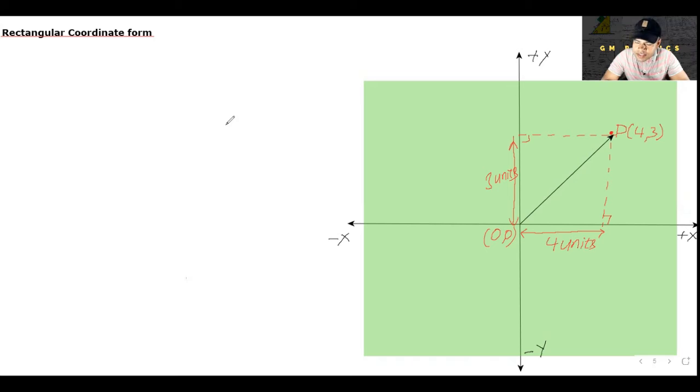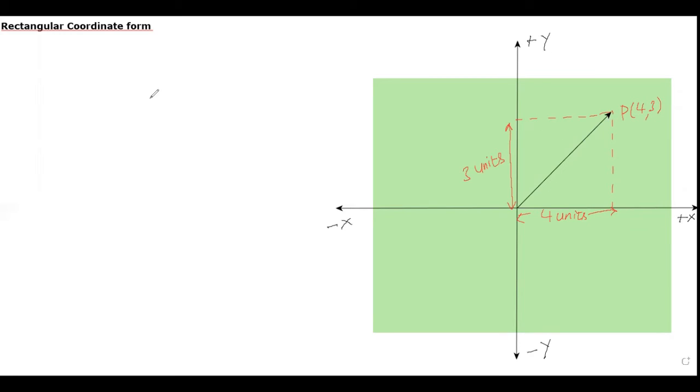Now let's see if it is possible to find the length of this arrow and the orientation of this arrow. If we can find the length of an arrow, and if we can find its orientation with respect to a reference line, then we can use this arrow to represent a vector quantity. So that is what we are going to see.